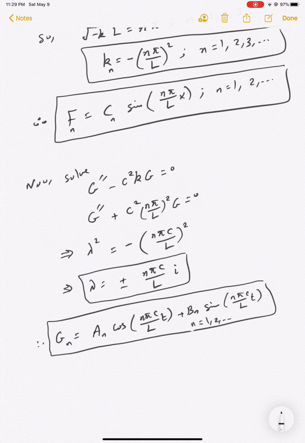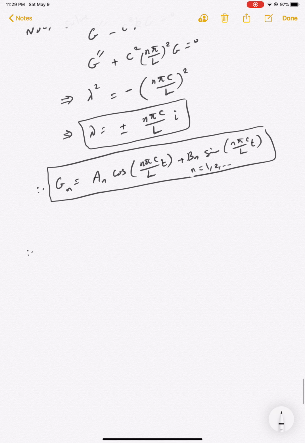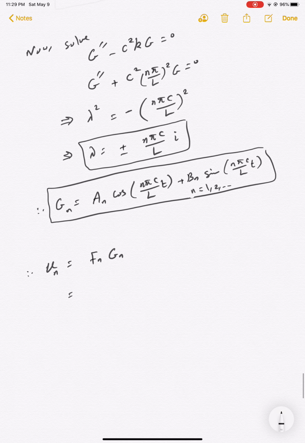So basically now we say, okay, so what is the function u? The function u is the function f times the function g. But we have infinitely many choices for f and g. That means you have infinitely many choices for the un. So what is fn? Fn, you just copy that, right? It's cn sine n pi over L x times what is the gn?